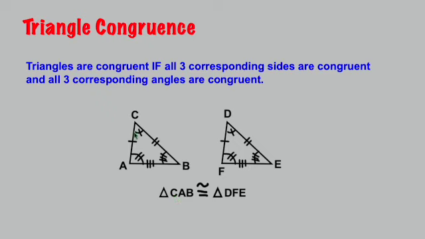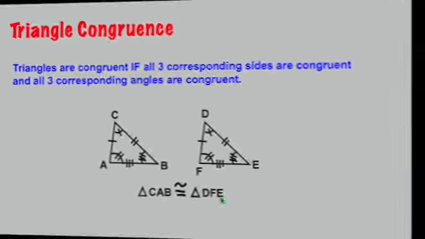C, that angle has one tick mark on it, and the other triangle's angle with one tick mark would be angle D. So if C comes first, D must come first over here. Then A has two tick marks, and F has two as well, so DF is my second letters, and then E is what's left over. So if I say CAB, I must say DFE over here.